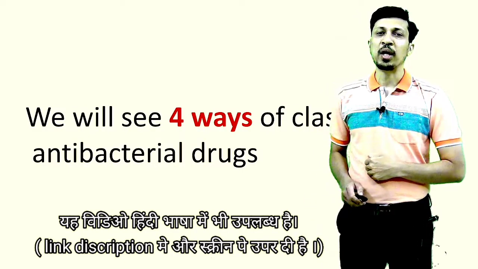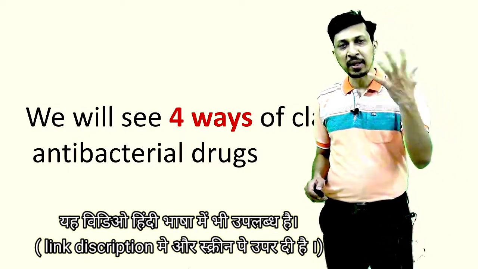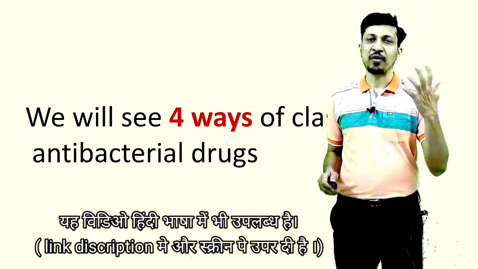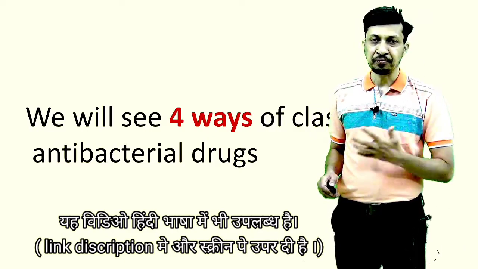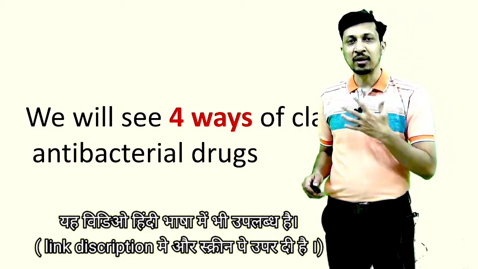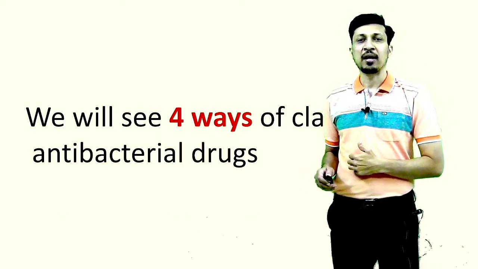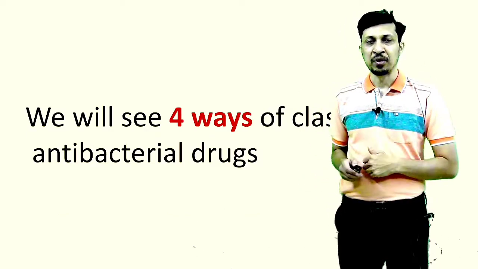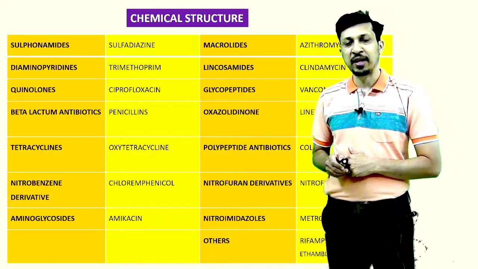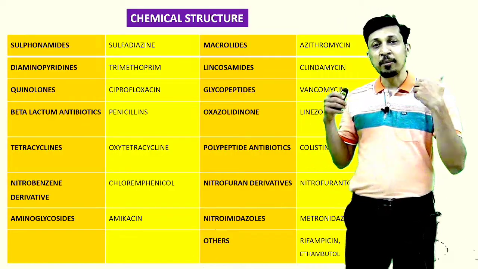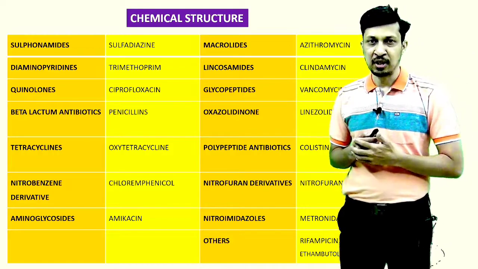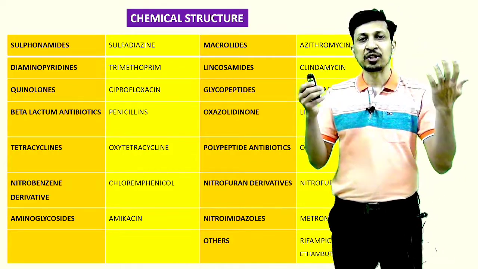So friends, today we are going to see the 4 methods of classification of antibacterial drugs, and the type of classification that you have to write in the exam, we are going to see in the last. So the first method of classification of antibacterial drugs is on the basis of chemical structure. So what is the chemical structure of a drug?